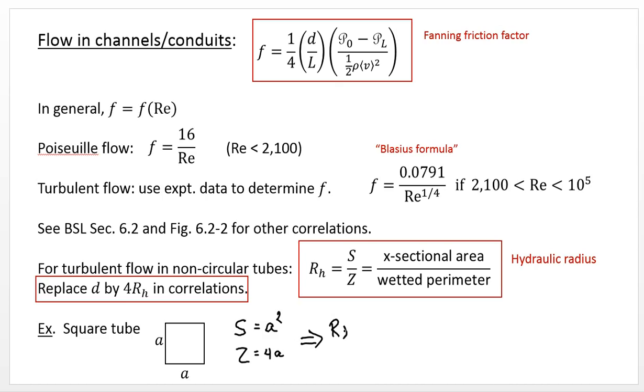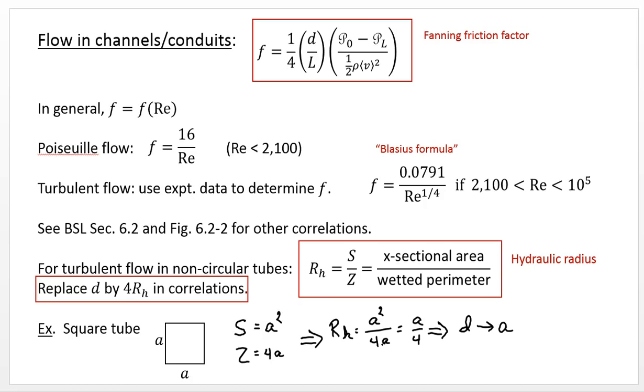Consequently, R_H is equal to A squared over 4A, which is equal to A over 4. So basically, we want to replace the diameter in a correlation for turbulent flow by the side length A for a square channel or a square tube.